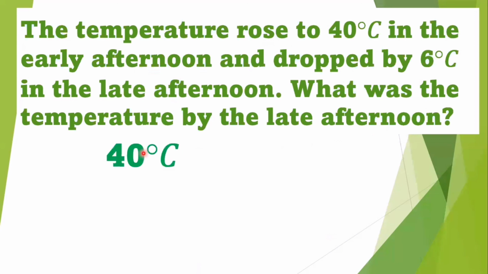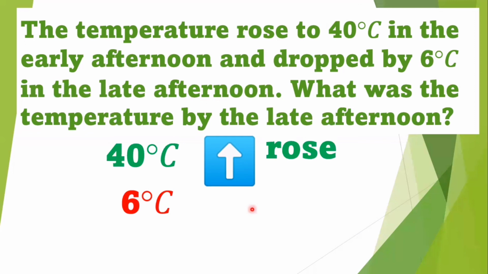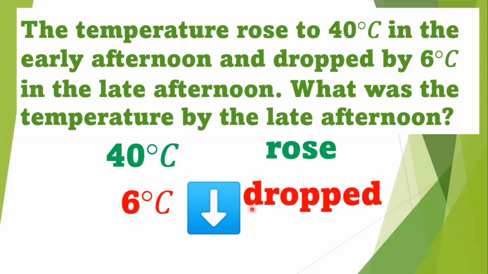So we have 40 degrees Celsius and 6 degrees Celsius. Is this example of word problem adding same signs or different signs? So we have here 40 degrees Celsius rose, tumaas. And 6 degrees Celsius dropped, bumaba.